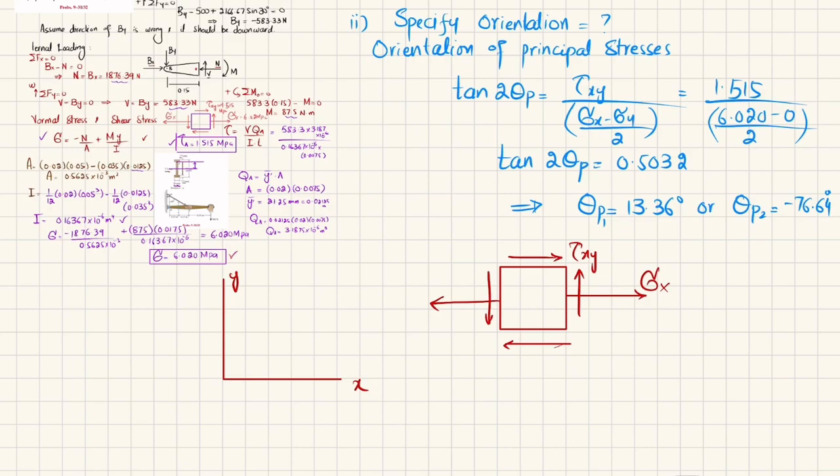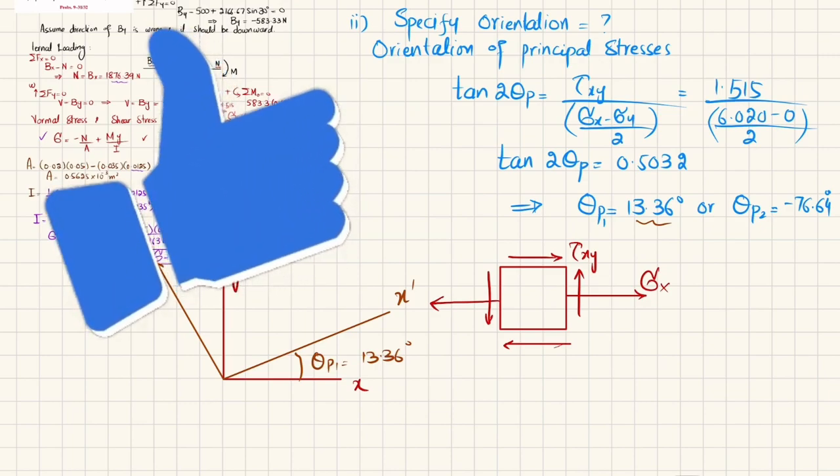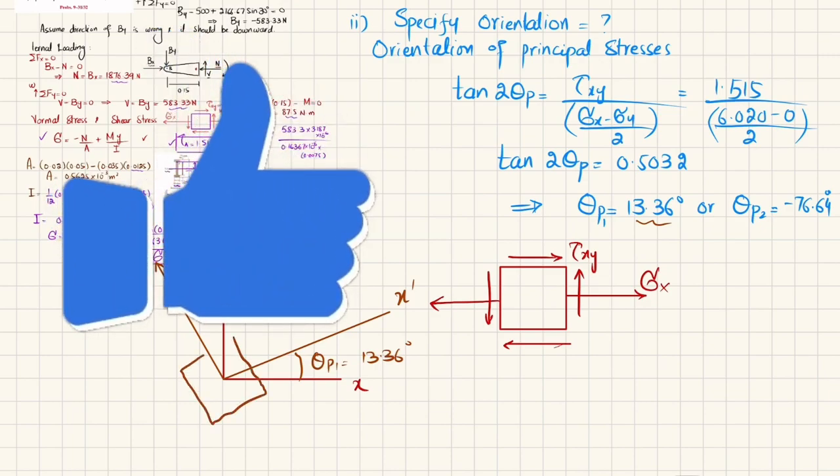Clear? So theta is 13.36, which is positive, so it means that this is counterclockwise. So your new transformed axis, theta p1 of 13.36, will be this one, and this will be your new y dash axis. And when you draw the element like this, clear?